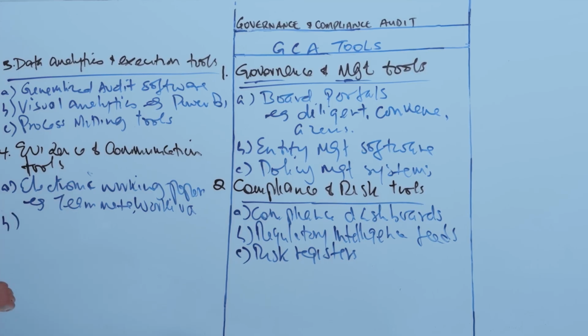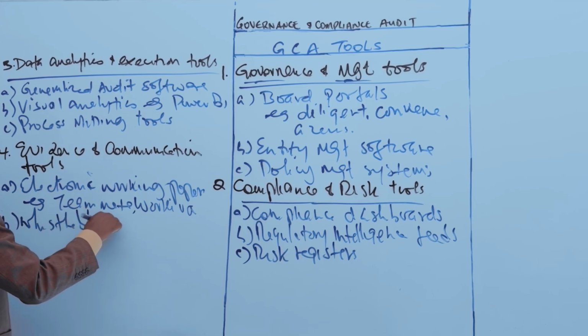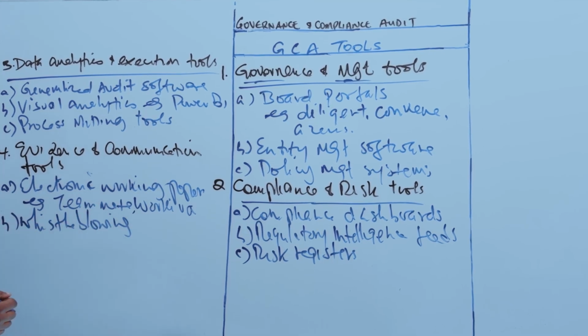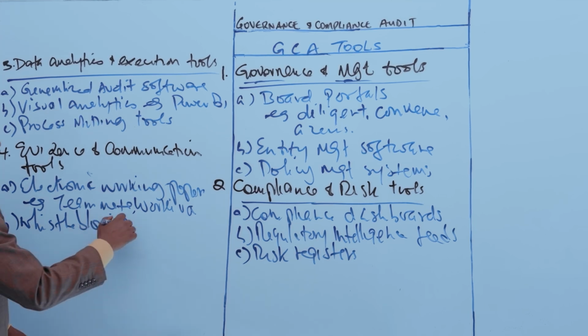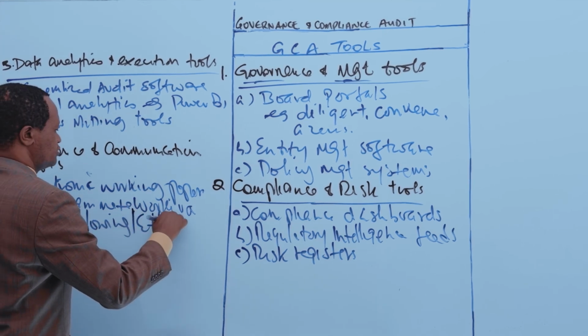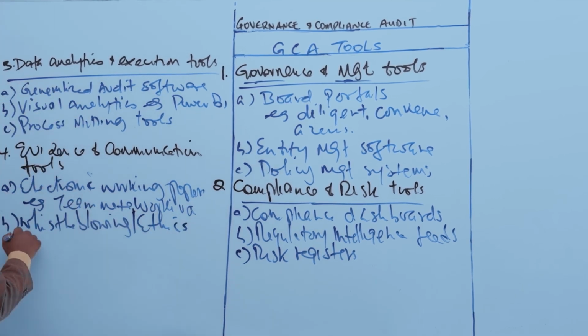The second type of tool is whistleblowing or ethics hotlines.